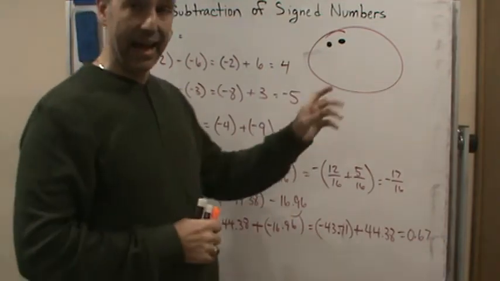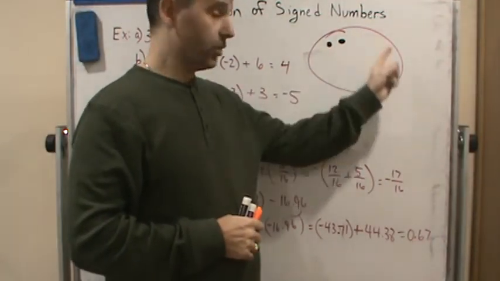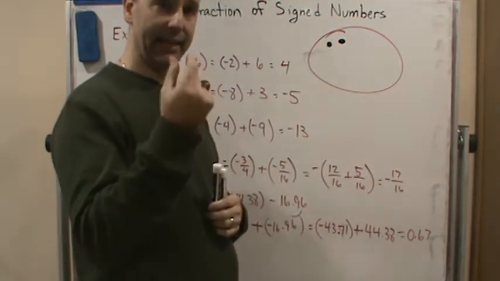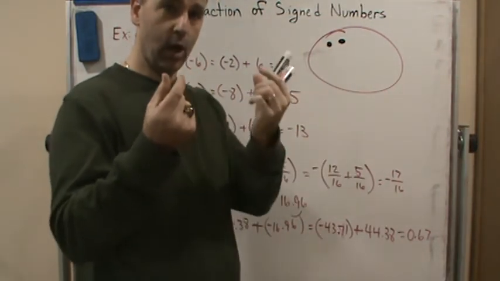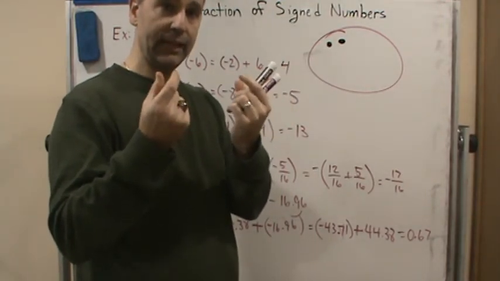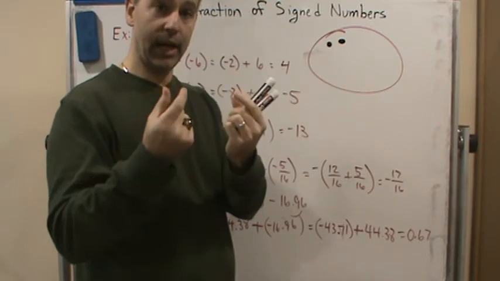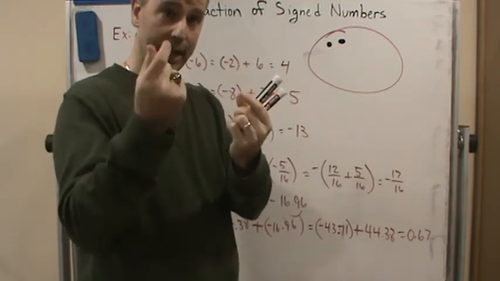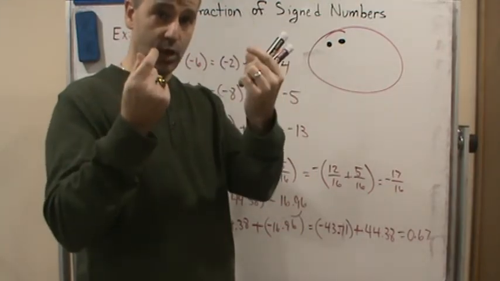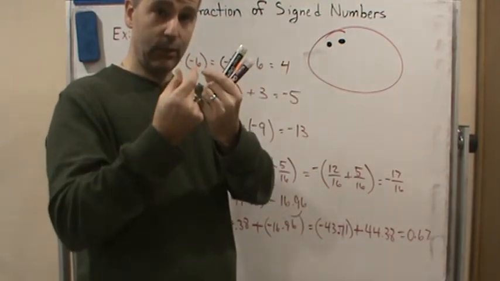So I'm going to add 0 to the circle. How do you add 0 to the circle? By adding a negative chip along with a positive chip in the circle. And then that leaves everything unchanged. It's 0, right? If I add a black chip and a red chip, or a positive chip and a negative chip, then the net effect is 0, right?